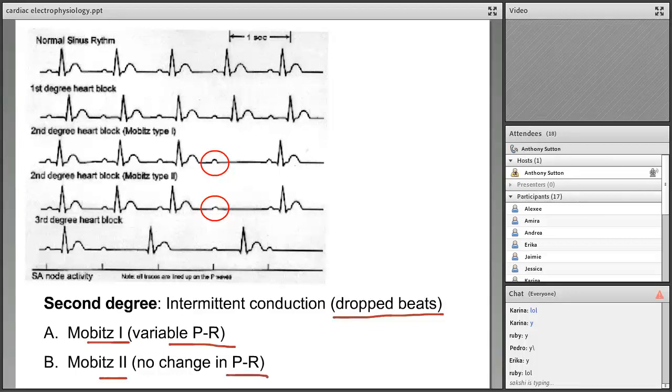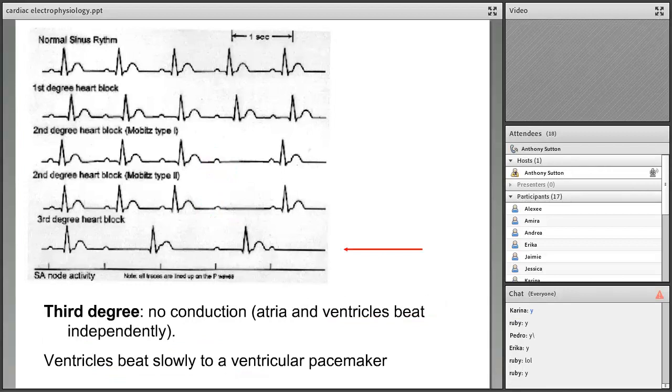In type 2, there is no change in the PR, so it's still going to be a dropped beat. Okay, does everybody follow that? So Mobitz type 1, the PR interval changes, right? They break up, they get back together, they break up, they get back together, right? But anytime they break up, that's a dropped beat. Does everybody understand that?